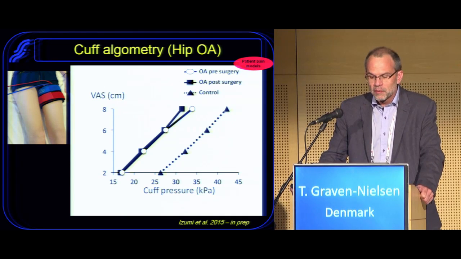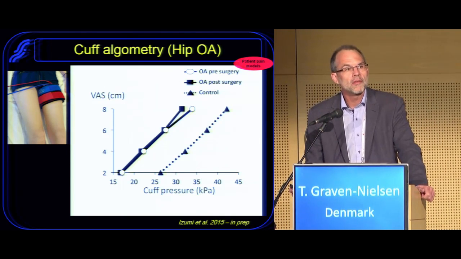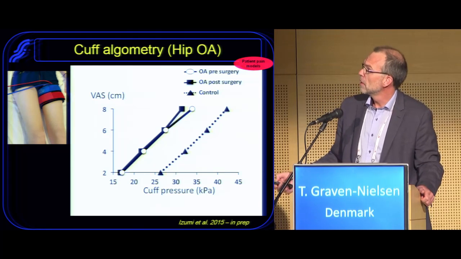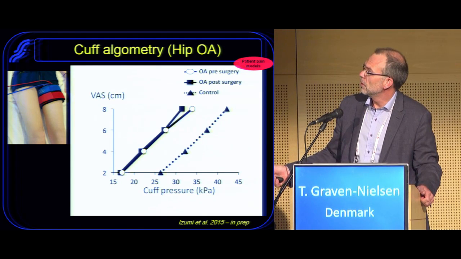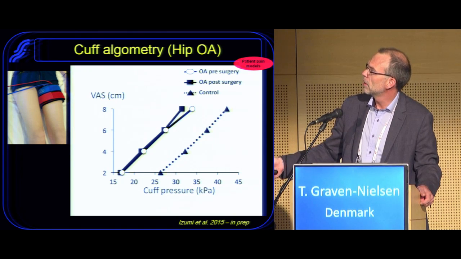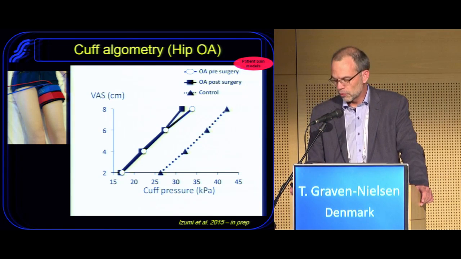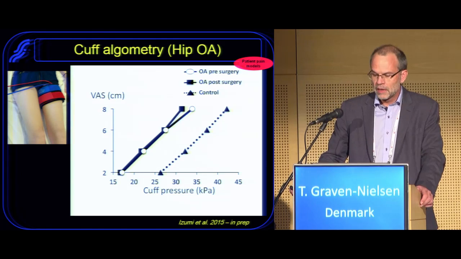So again, when we do this, we can assess, for example, in the hip osteoarthritis patients, we can demonstrate that if we look at the pressure in the cuff versus the VAS rating, in controls we have this stimulus response function, and then in the osteoarthritis patients we actually have a very nice left shift of the stimulus response function.